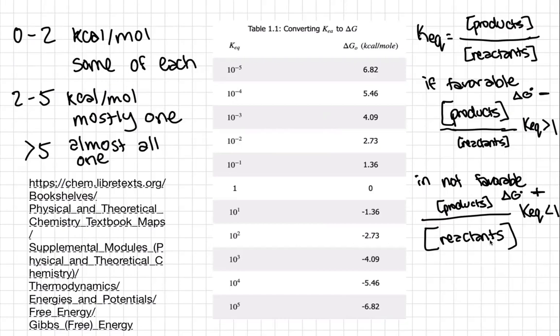And now let's look at what would happen if we had equal amounts. If products equal reactants at equilibrium, then we would have KEQ equal to 1, and our delta G would be 0.